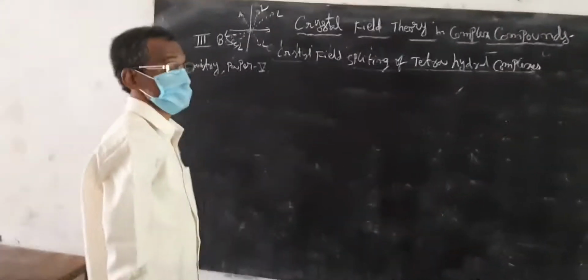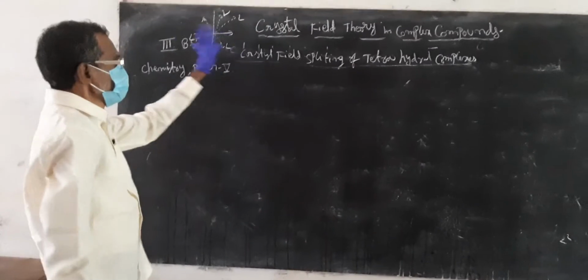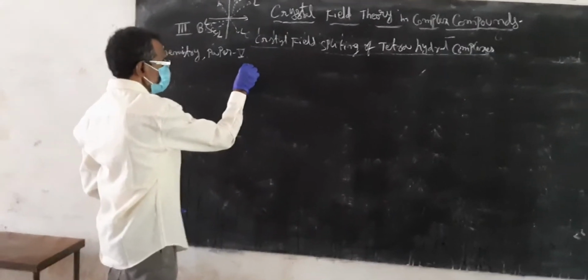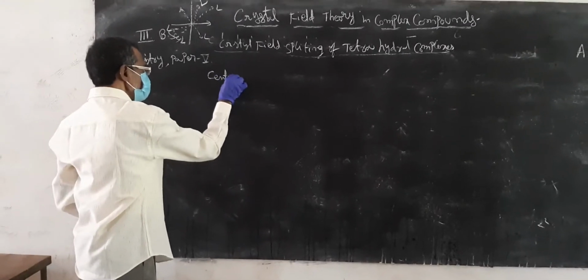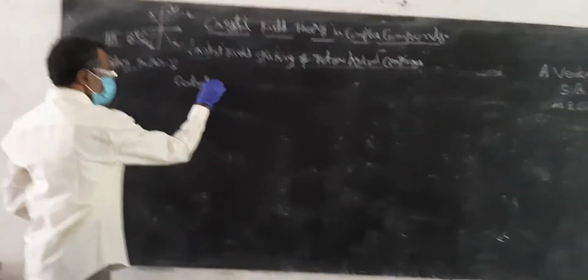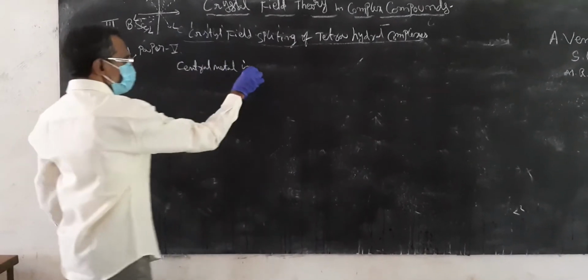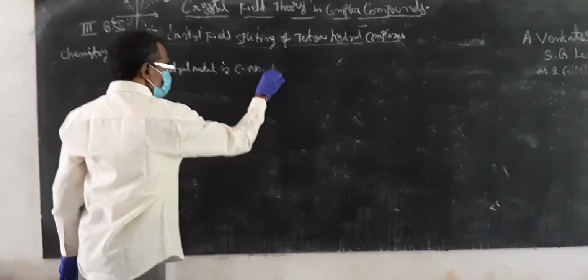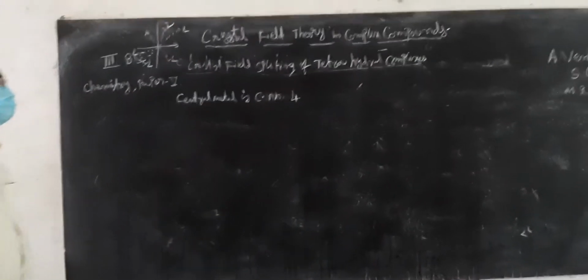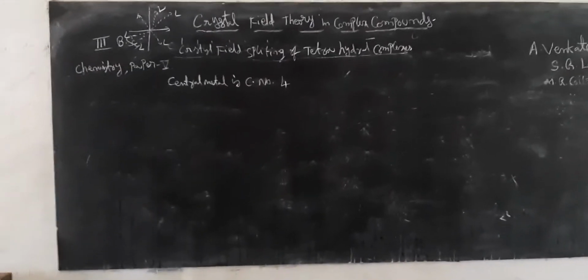In tetrahedral complexes, the central metal ion has coordination number 4.